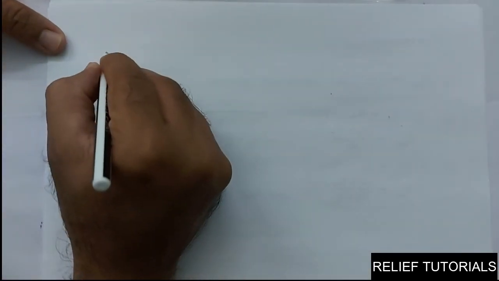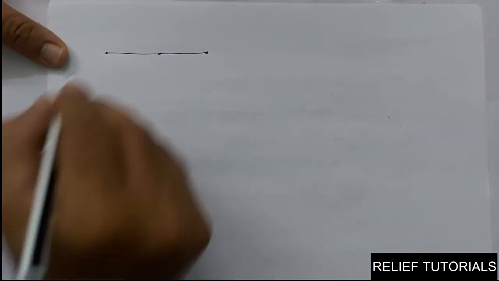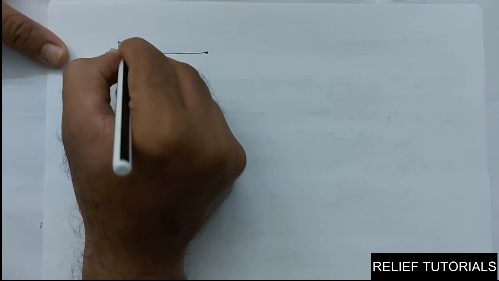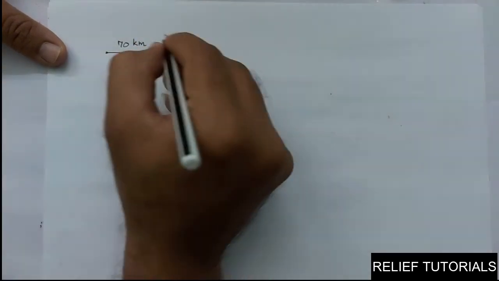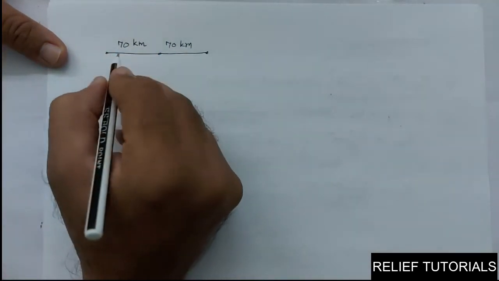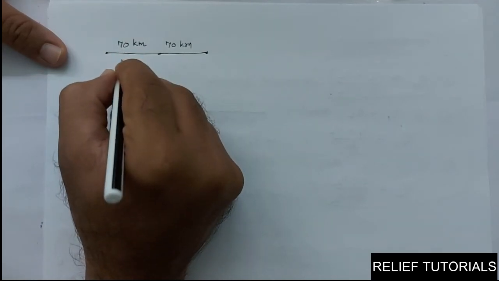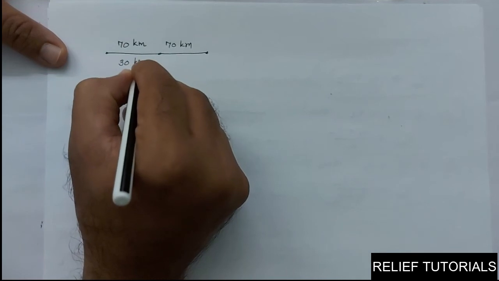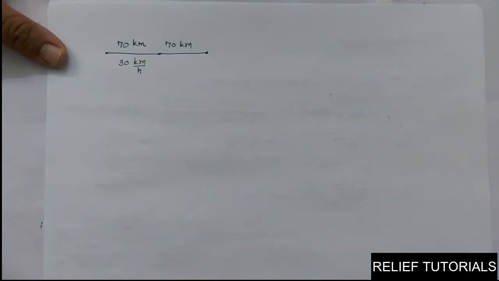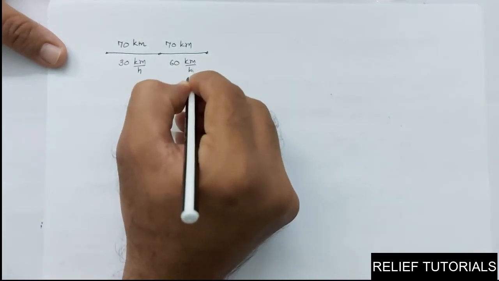Consider, here are the two parts of the journey. First part having the distance 70 km. Second part having the distance 70 km. On the first part, the particle travels with the speed of 30 km per hour, and on the other half the particle is traveling with 60 km per hour.